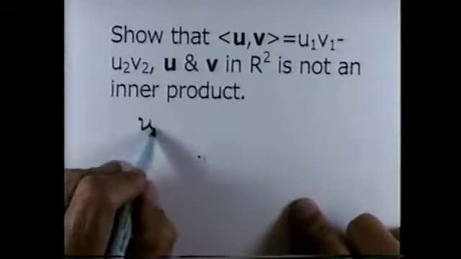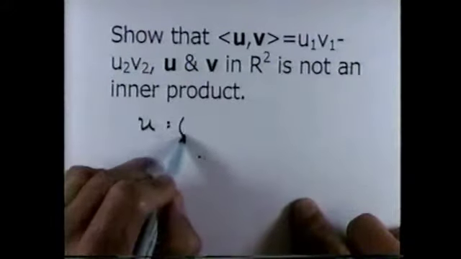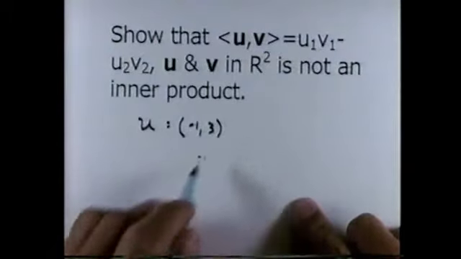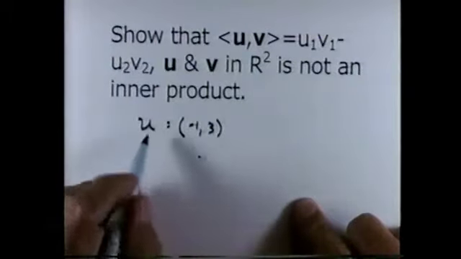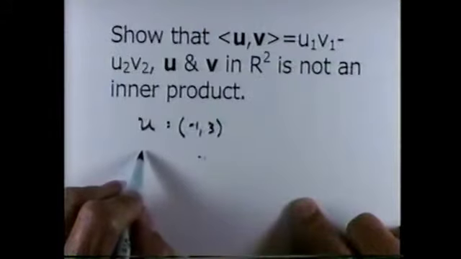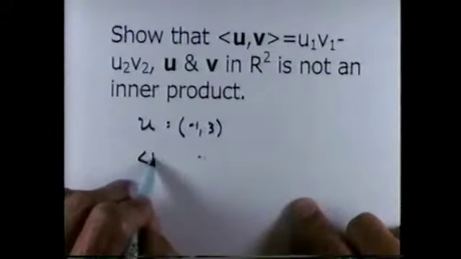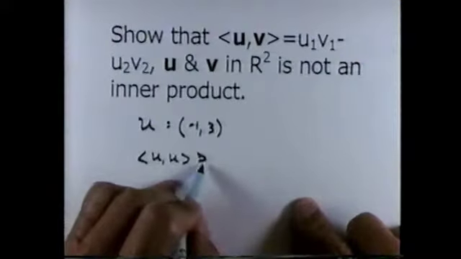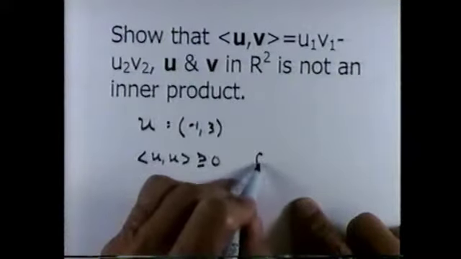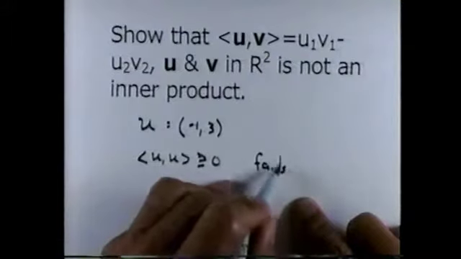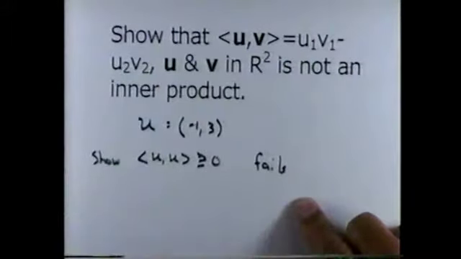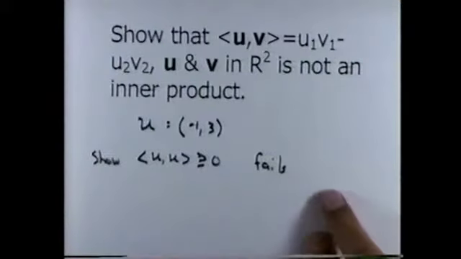Let u be the vector -1, 3, and let's show that the inner product of u with u greater than or equal to 0 fails.